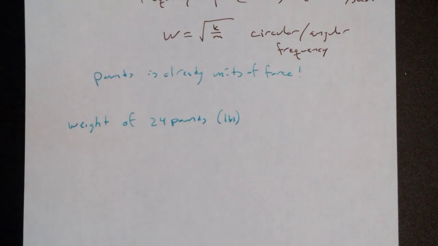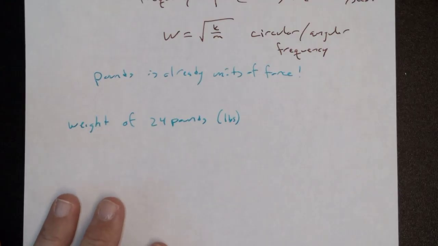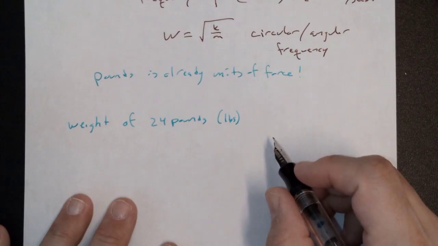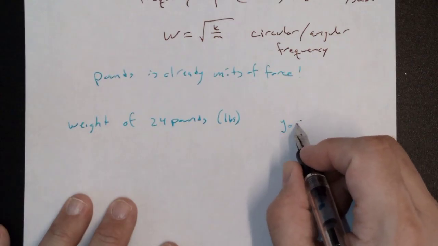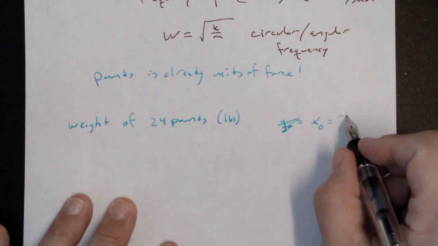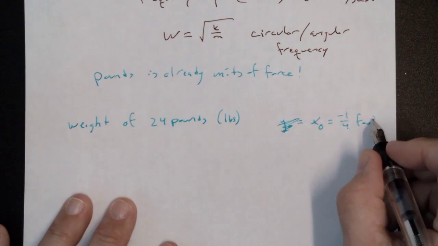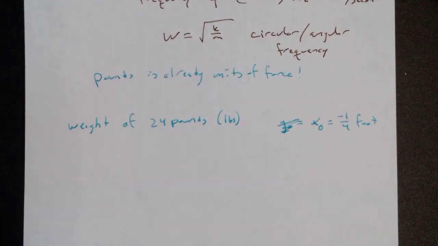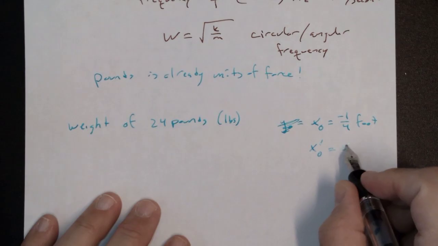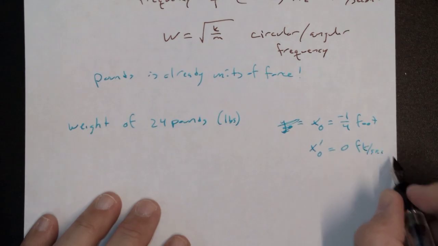But if I have this particular weight and it's on a starting position, x0 is minus 1/4 of a foot. Why am I in feet? Oh, right, because pounds. Pounds is using feet, imperial system. We'll go with the starting velocity is 0 feet per second.